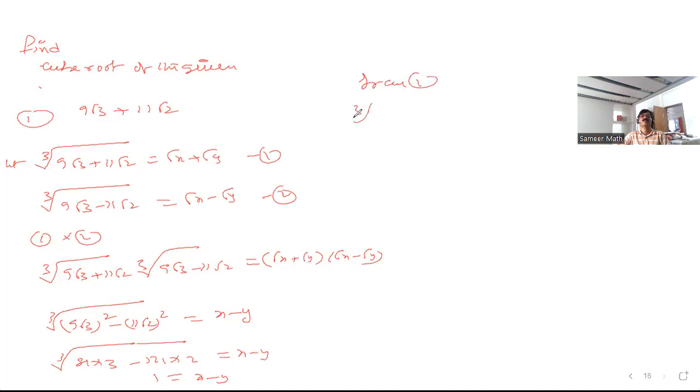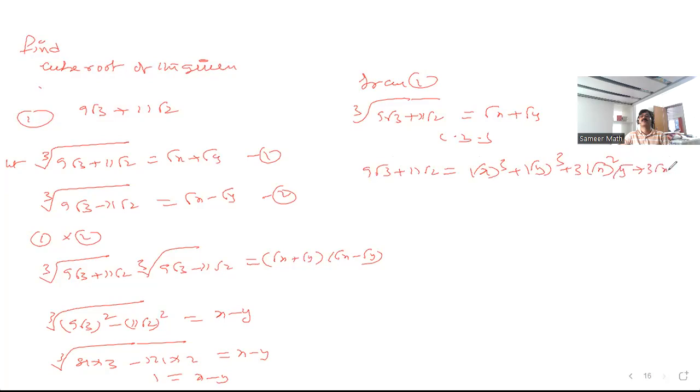What is the first one? Cube root of 9 root 3 plus 11 root 2, that is root x plus root y. So cubing on both sides. What happened? 9 root 3 plus 11 root 2. And this is a cube, plus b cube, plus 3a square b plus 3ab square, like this.